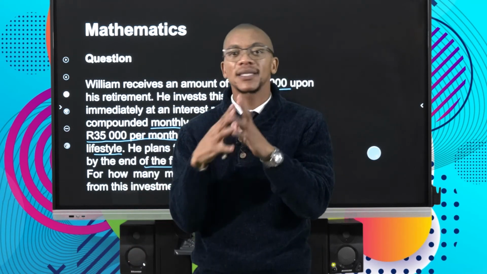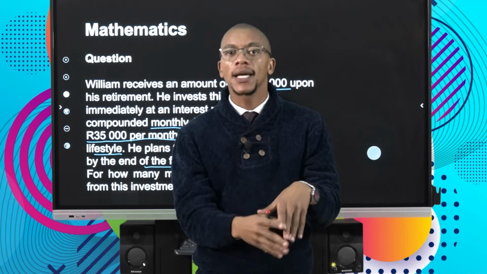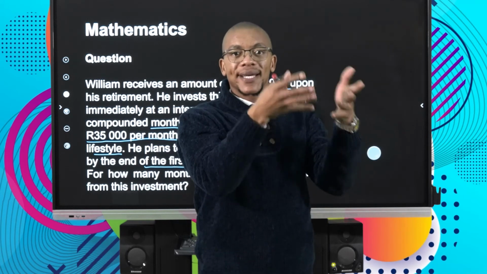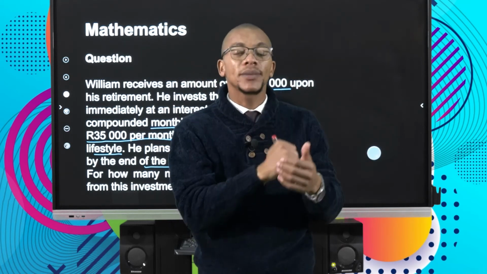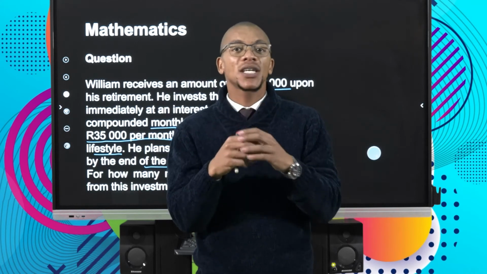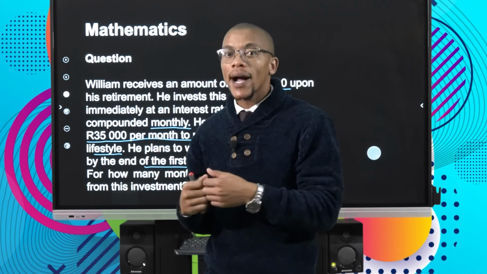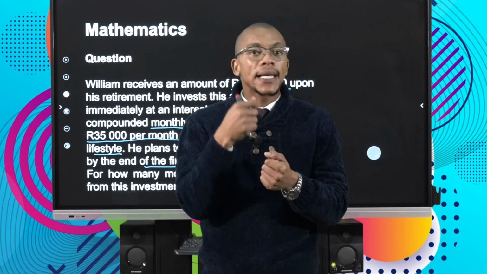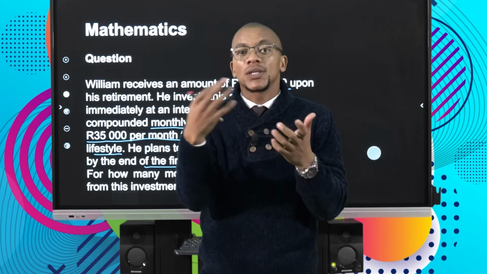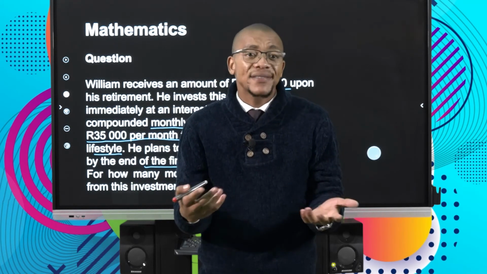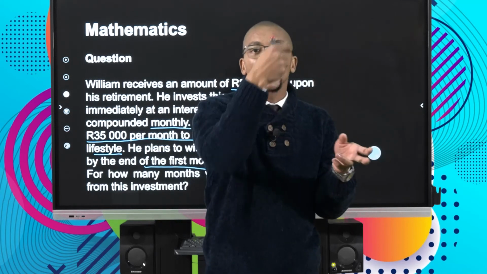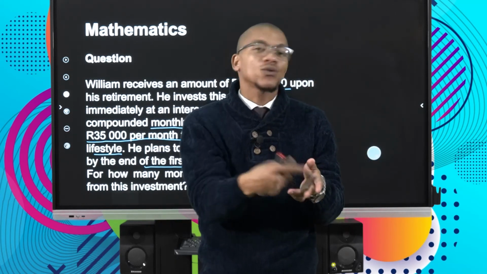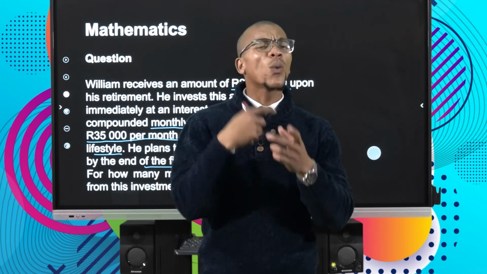So even with this, it's the same concept, right? It's like a loan that this person is getting from their retirement fund. They're getting 2 million, and they say, instead of me just having it in my account and trying to eat it little by little to maintain my lifestyle, let me put it in an investment account and then withdraw from the investment account on a monthly basis. So what is this doing?